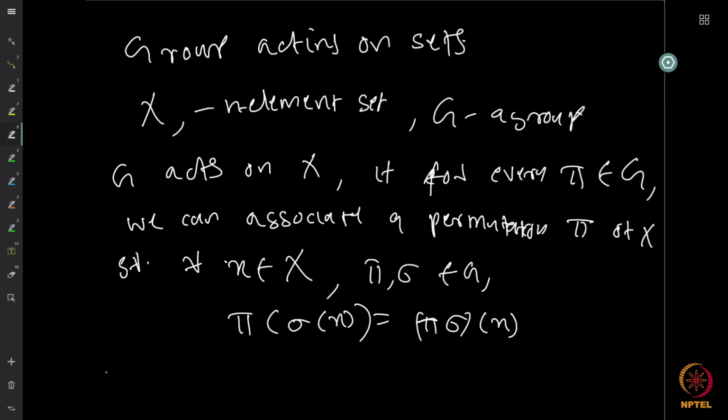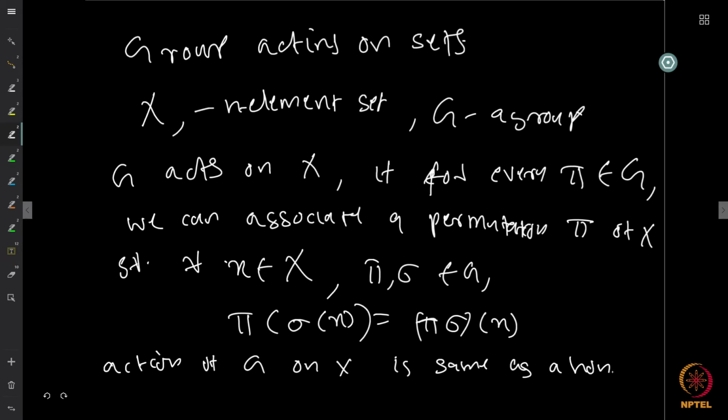Okay, so the action of the group G on the set X is equivalent to saying that there is a homomorphism, say phi, which maps from G to the symmetric group Sx. Okay. So Sx is the set of all permutations of X.